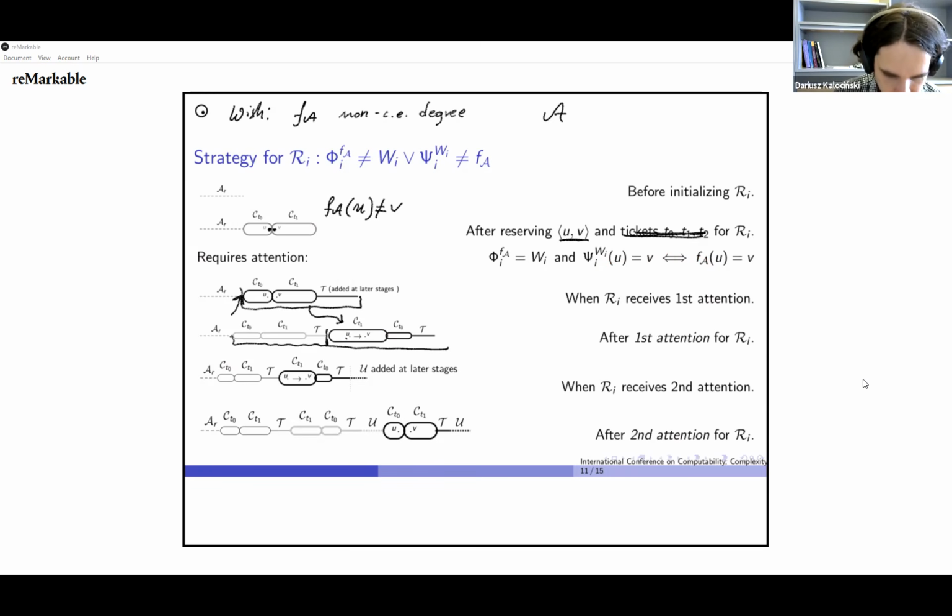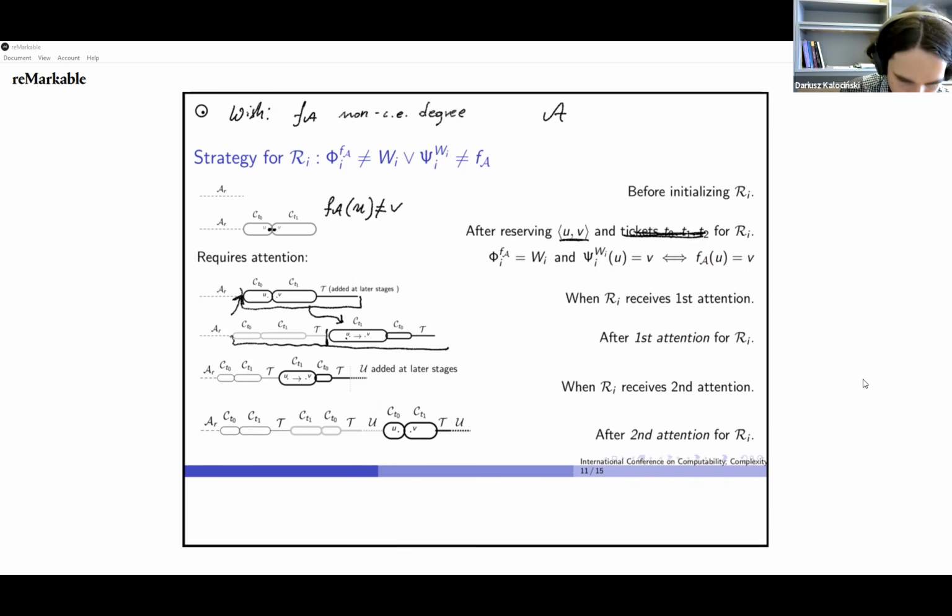Okay, but it may happen that we see at some later stage that again we have to do something, because we see this bad situation. If that happens, okay, it happens. So it happens at some later stage, and we do again the same thing.